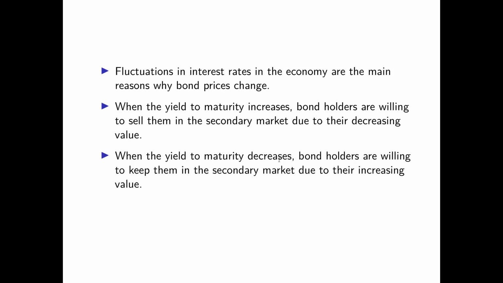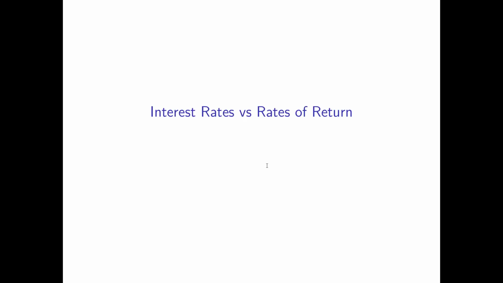When the yield to maturity decreases, well, bondholders are willing to keep them due to the increasing value, right? So they are just willing to keep them and not sell them, basically, because now they hold an asset that is increasing in value, even though some people may want to just get some profit by selling it. Okay, it's actually very possible too.